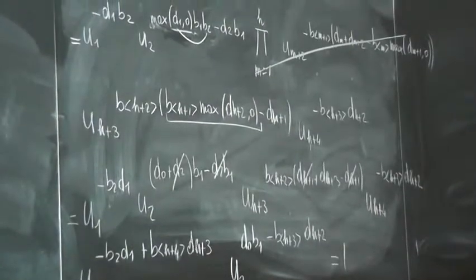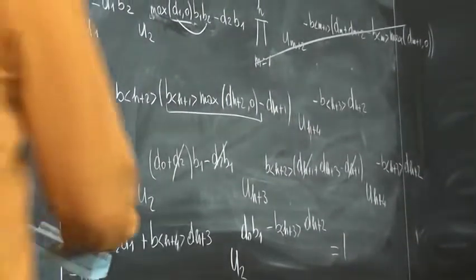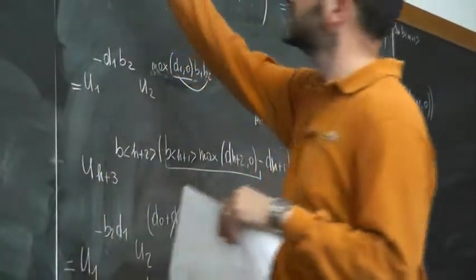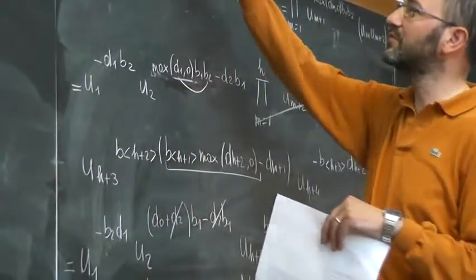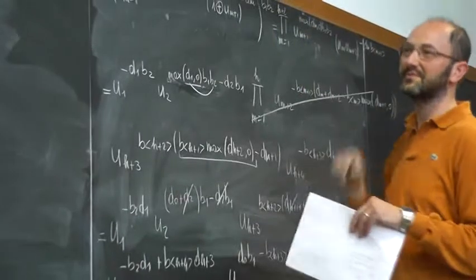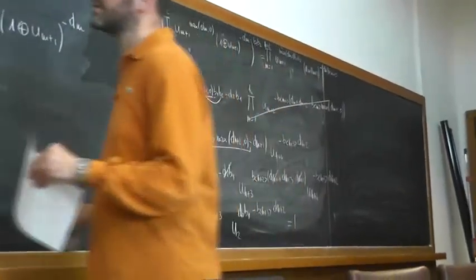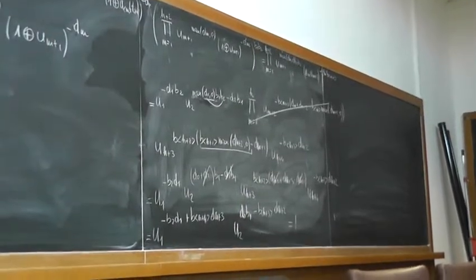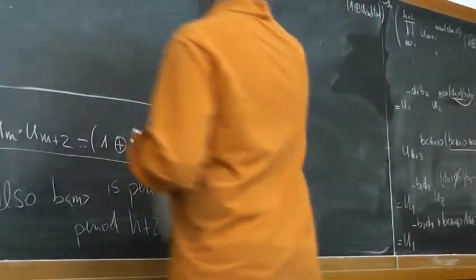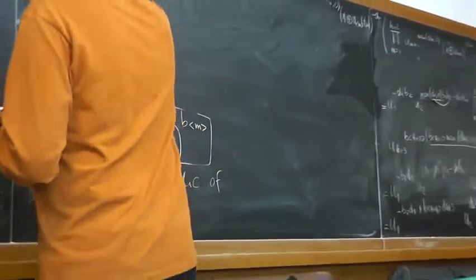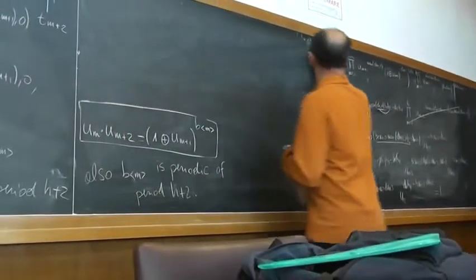Remember, I wrote here we need to prove that U is periodic and also the B. It comes easily from the periodicity of the D.